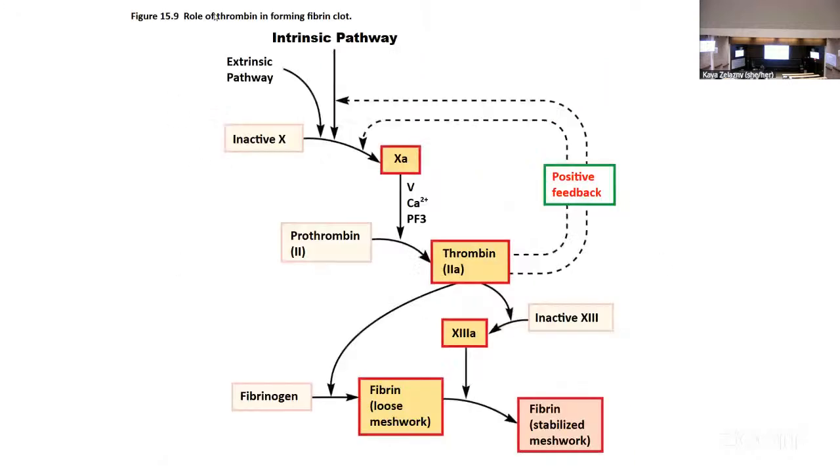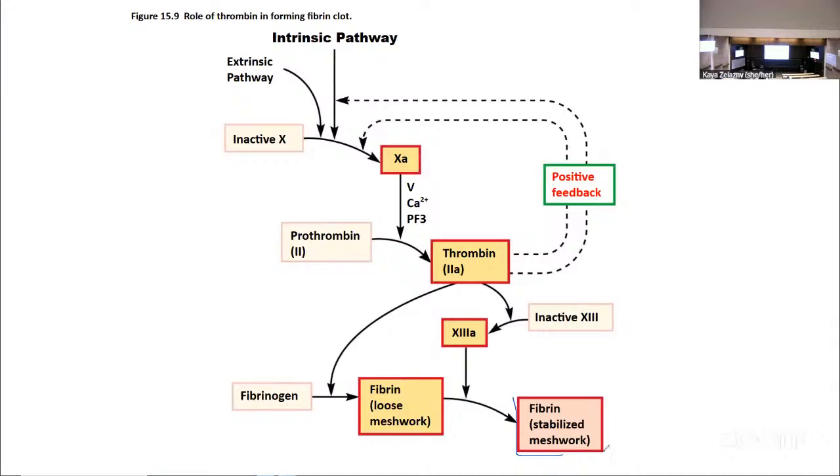Okay, so we're going to zoom out a little bit, right? So we've mentioned we're trying to get to this stable fibrin mesh, right? And to do this, we had our inactive fibrinogen. That's why it's pale here, right? So fibrinogen is our starter molecule. First, we converted it into a loose meshwork, so looser strands, before we stabilized it.